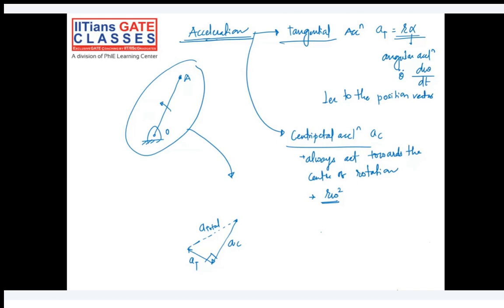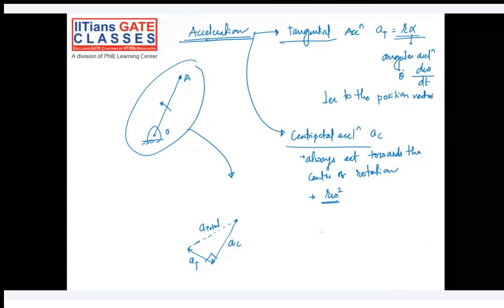The acceleration will be in the direction of motion. If it is deceleration, it is opposite to the direction of motion. So you should know the difference between acceleration and deceleration. If your velocity is increasing, you call it acceleration. If your velocity is reducing, you call it deceleration.